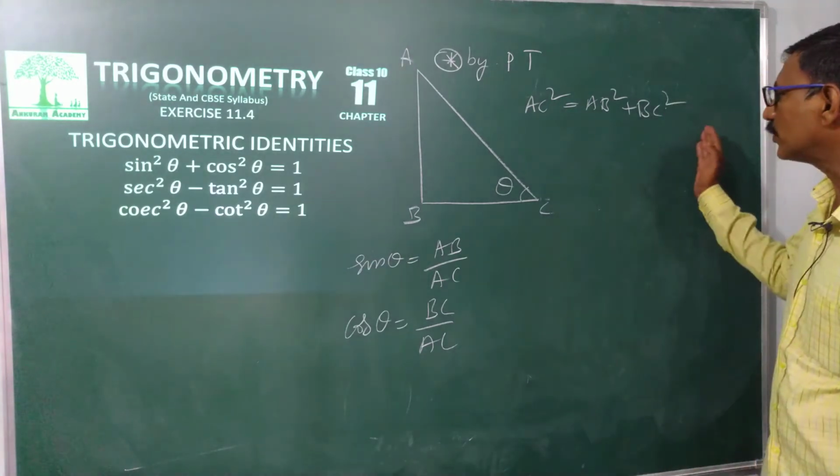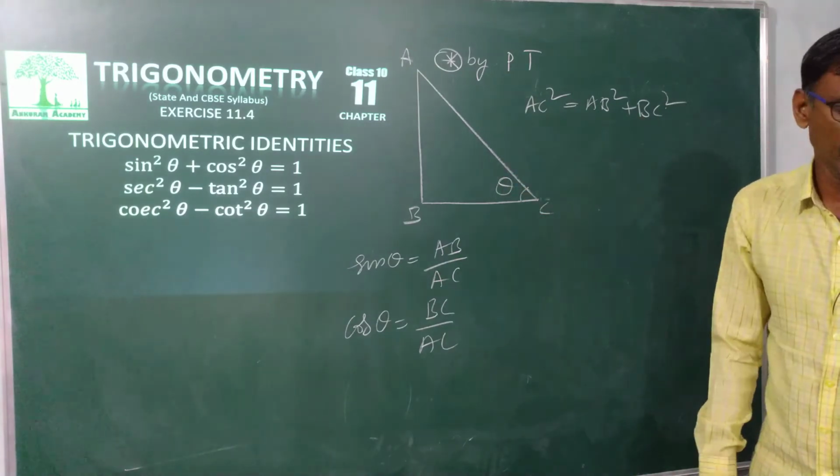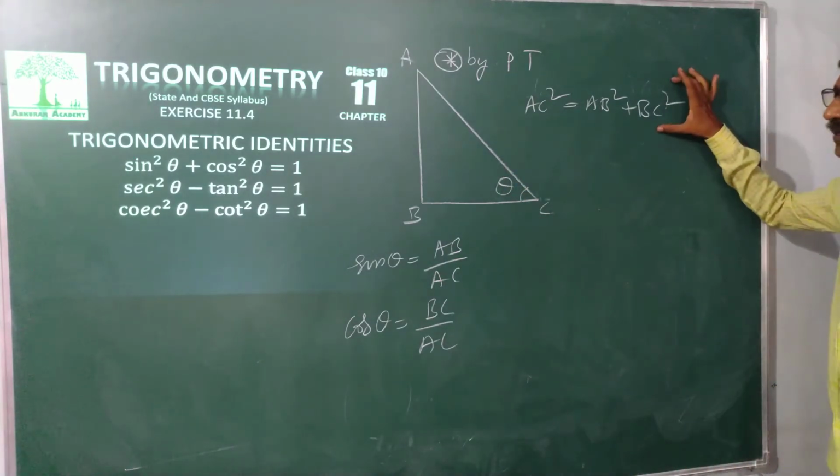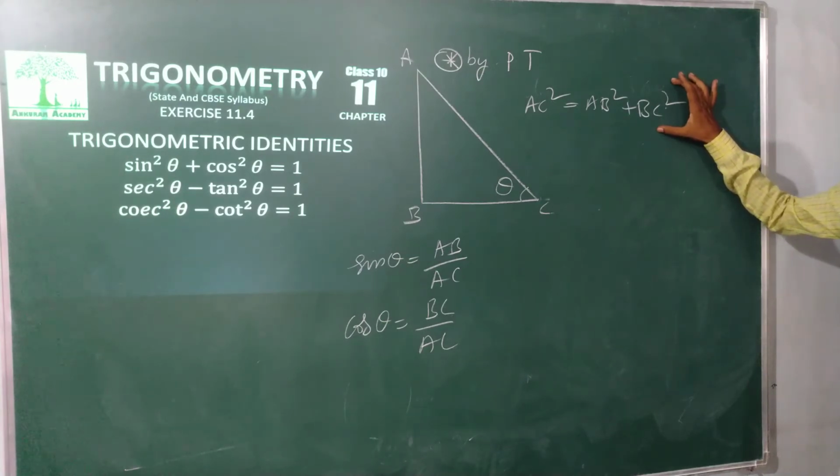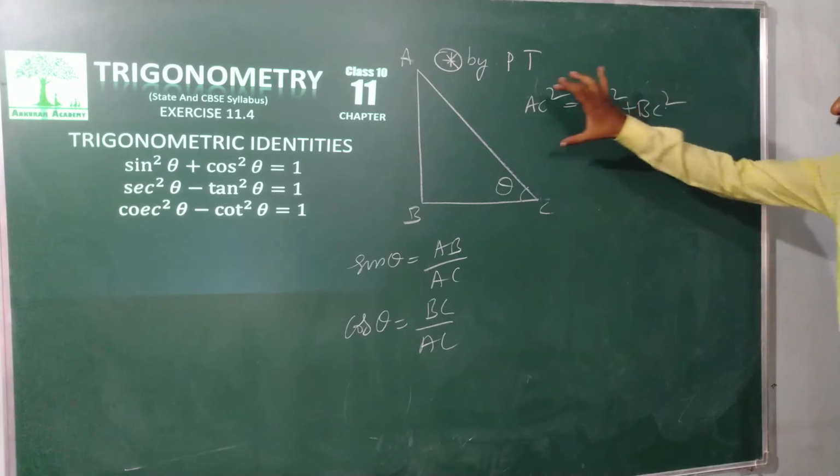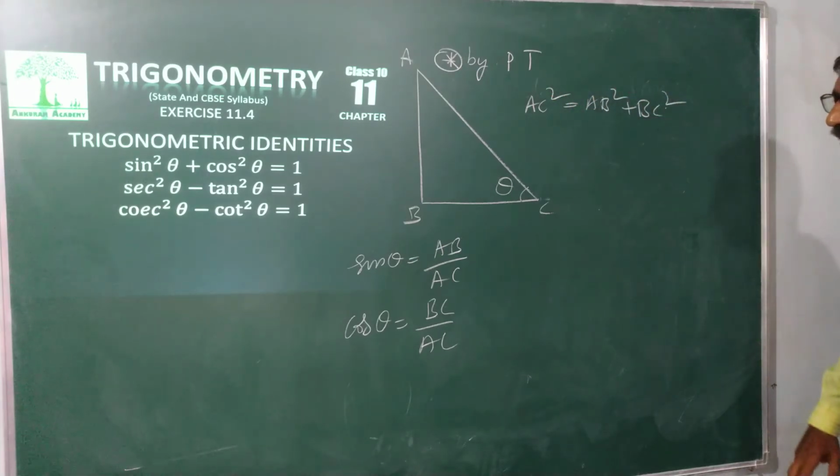Here I would like to divide by AC on both sides in the Pythagoras equation. This is Pythagoras equation. I would like to divide with hypotenuse on both the sides, that is AC square on both sides in the Pythagoras statement.